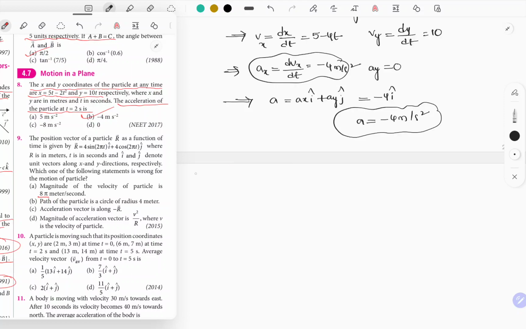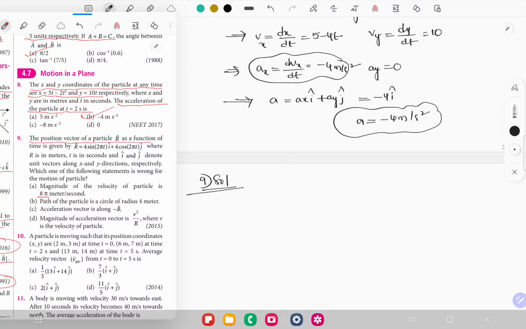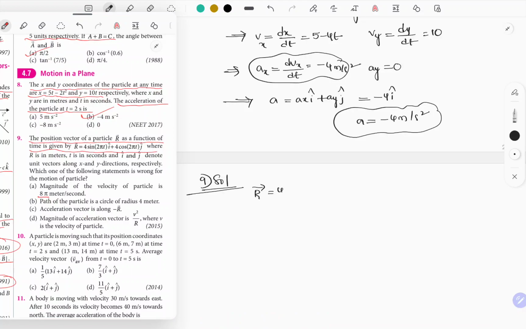Super. Okay. Question number 9. Solution. The position vector of a particle r bar as a function of time is given by r bar is equal to 4 sin 2 pi t i cap plus 4 cos 2 pi t j cap, where r is in meter, t is in second, and i cap and j cap denote unit vectors along x and y directions respectively.